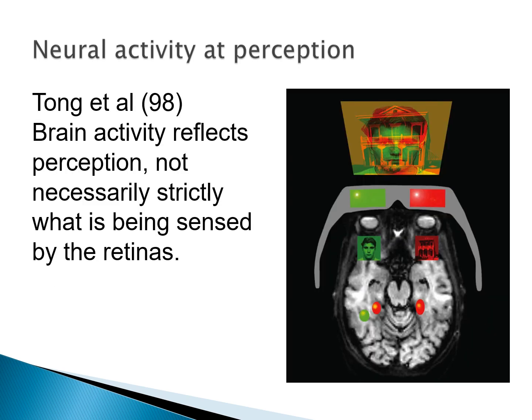Another way to look at this neural activity at perception, where what's happening at our conscious perception is different from what's necessarily happening at the level of the receptors themselves, is with a binocular rivalry kind of study. This Tong et al. 1998 study is what they call a binocular rivalry study, where binocular means two eyes, and rivalry, the two eyes are getting two different images.